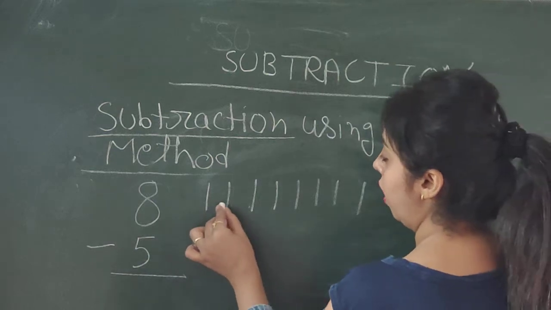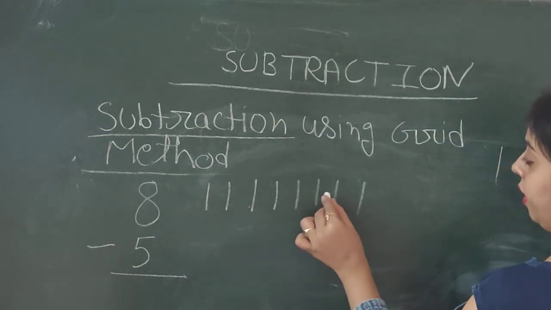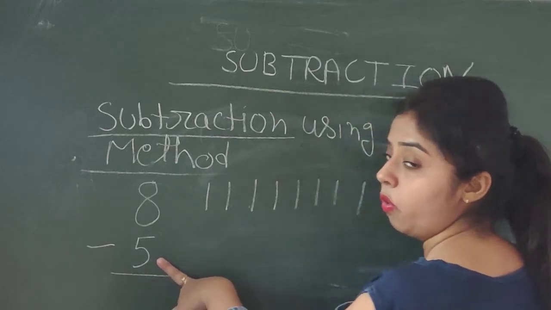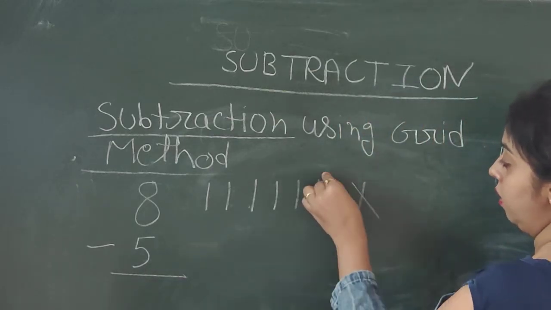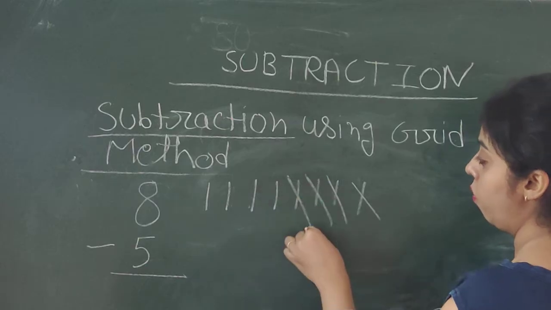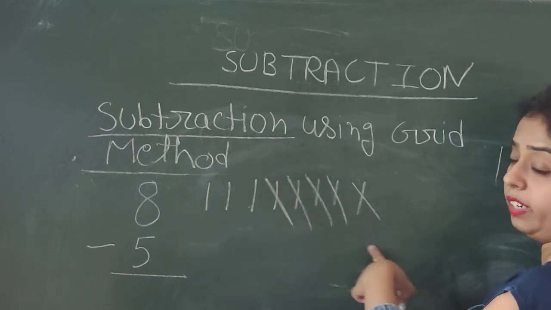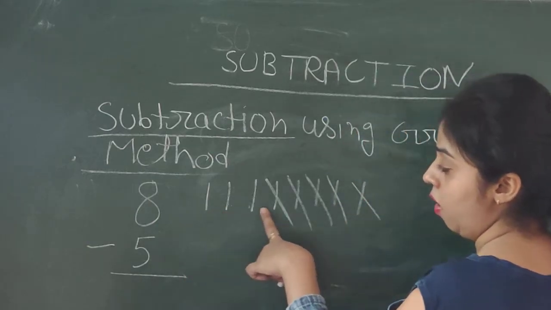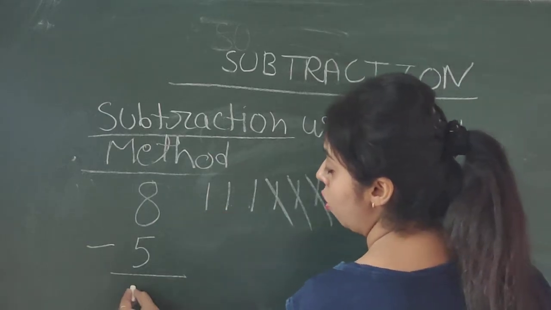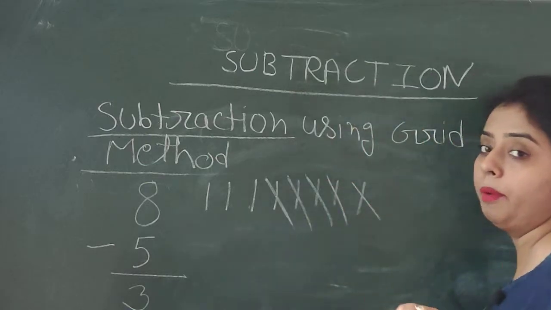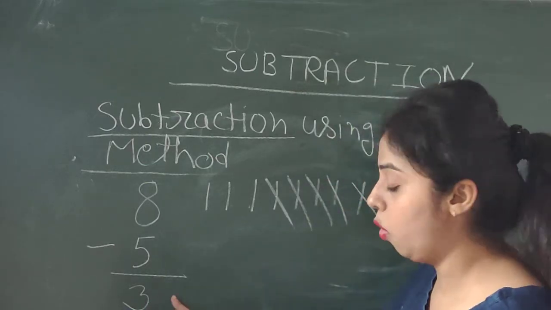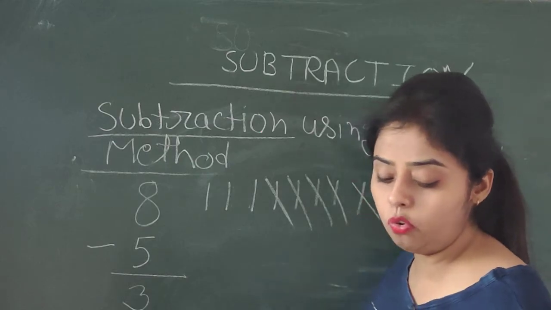Count the 1, 2, 3, 4, 5, 6, 7 and 8. Subtract 5. Okay. 1, 2, 3, 4, 5. 5 cut. So 1, 2 and 3. So how will we write? Say 3. हम यहाँ क्या लिखेंगे? 3. 3 is the right answer. Okay students, write now fast.